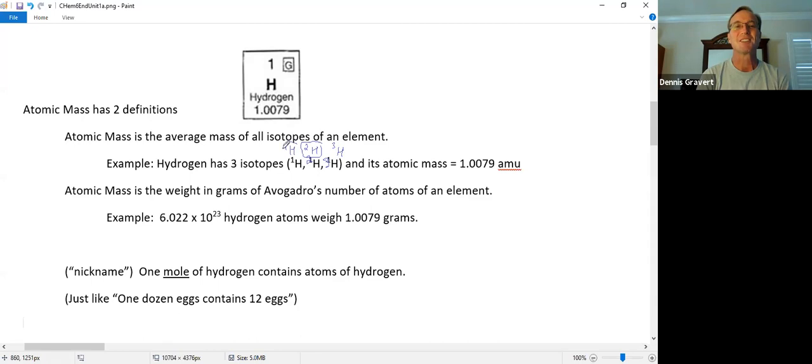So most of the hydrogen has only one proton in it, 99% of them on average. About 1% of the hydrogen we found on planet Earth has both a proton and a neutron.